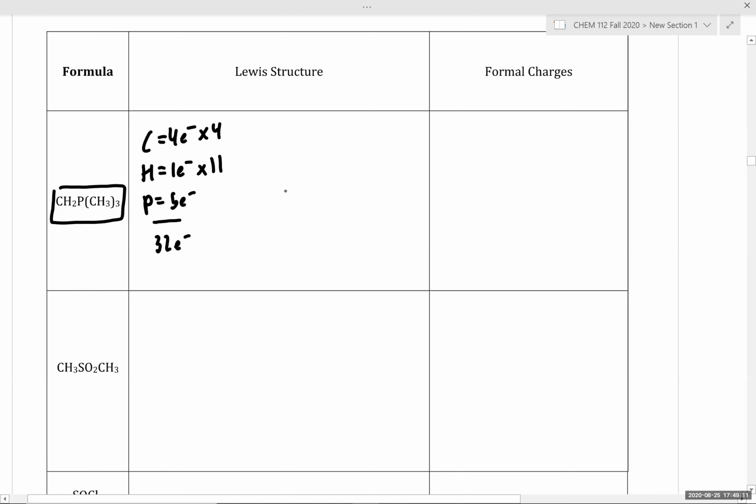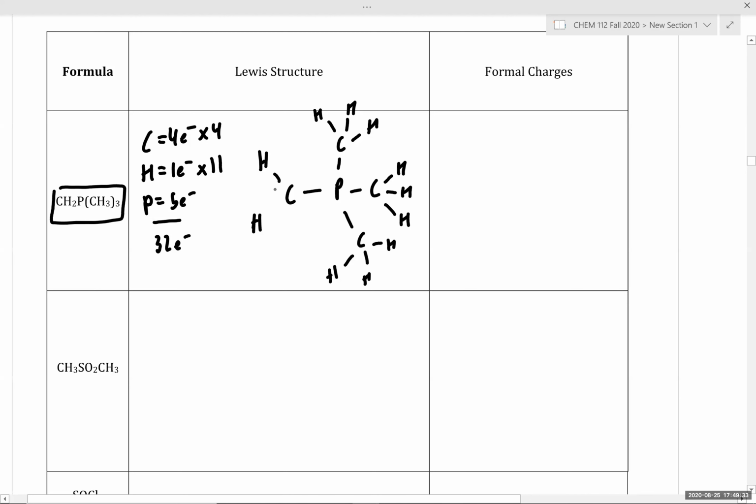Following our bonding pattern, we're going to place our carbon with 2 hydrogens, attach that to phosphorus, and then attached to phosphorus, we're going to have 3 CH3 groups. We're going to form 1 bond each between each of our atoms.